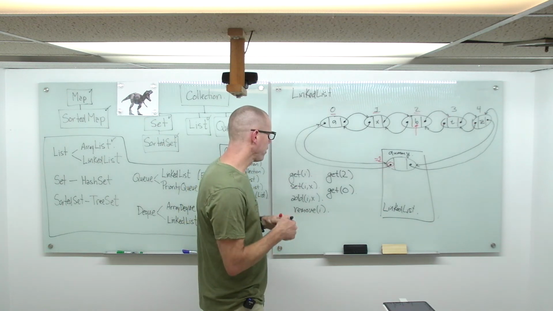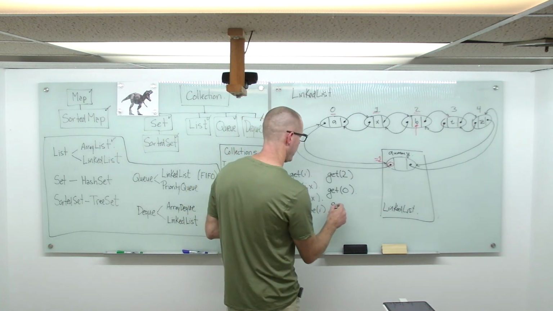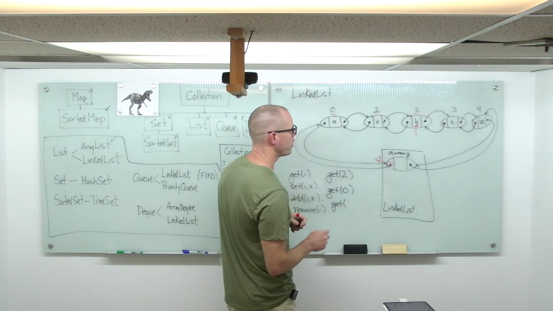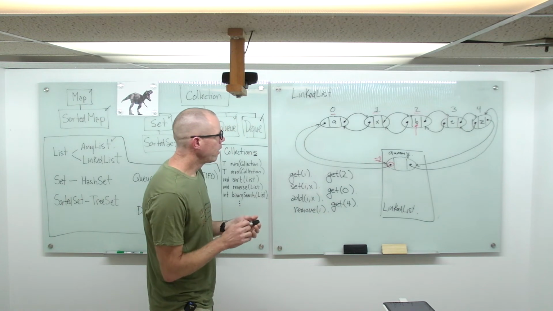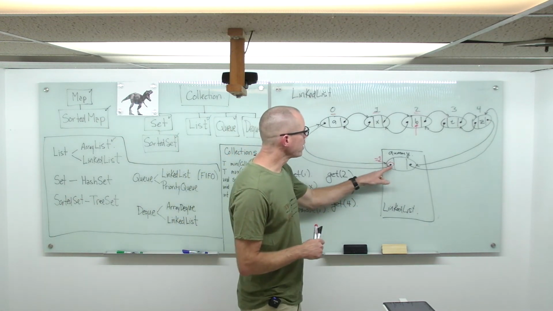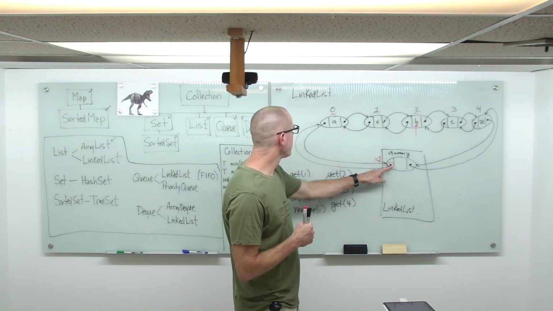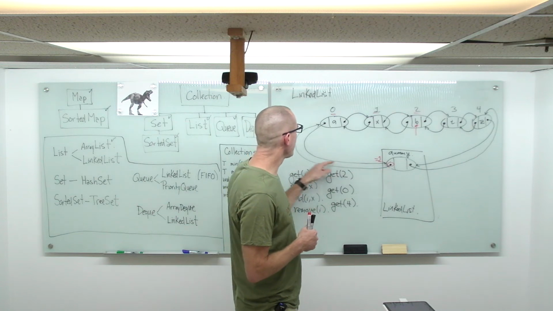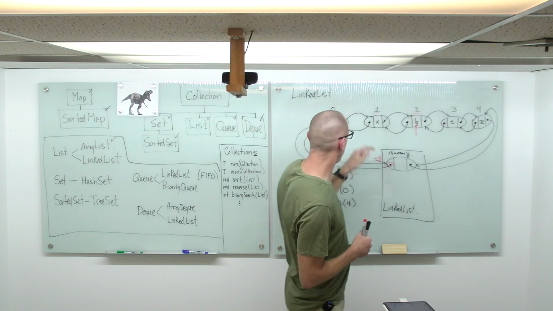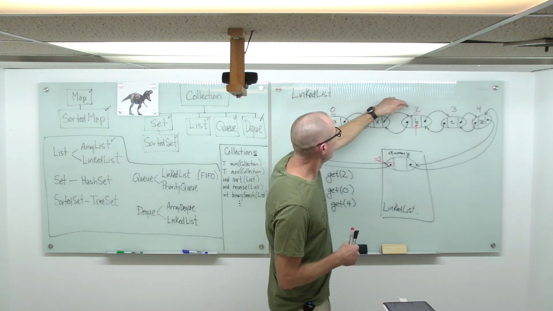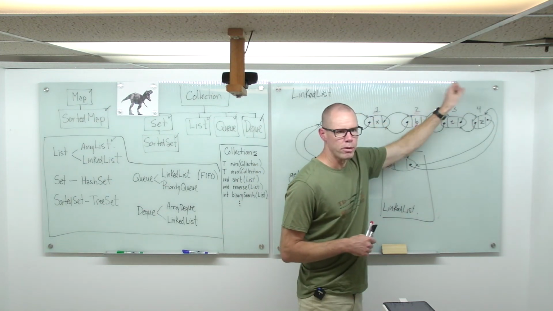On the other hand, if I want to get the node at position 4, then it doesn't make sense to start at the dummy and follow next pointers, because then I have to follow 1, 2, 3, wait a second, 1, 2, 3, 4, 5 pointers, right?